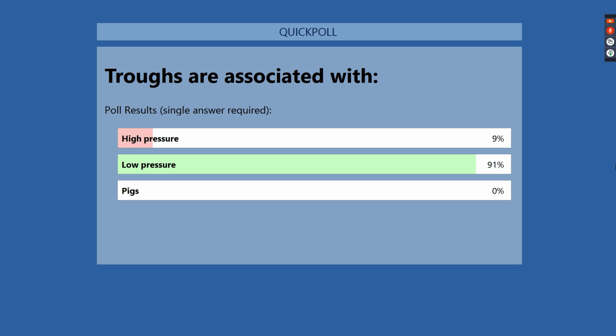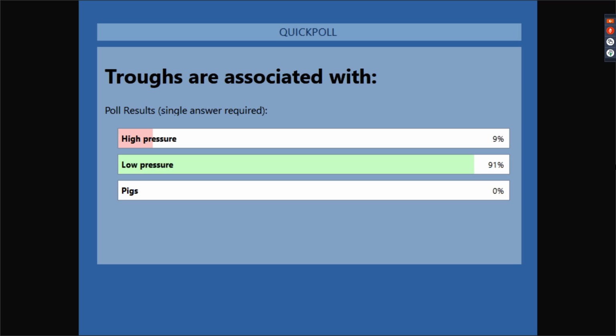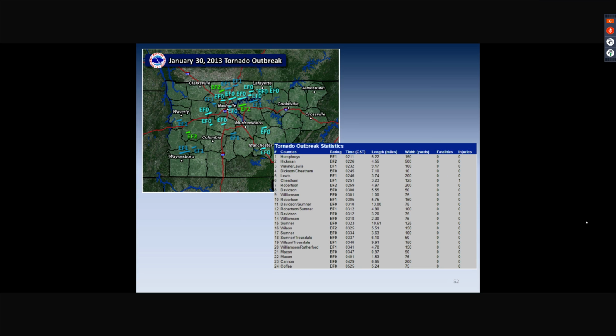All right, that's everybody. And yeah, so troughs are associated with low pressure systems. Remember, high pressure is a ridge. And one more.